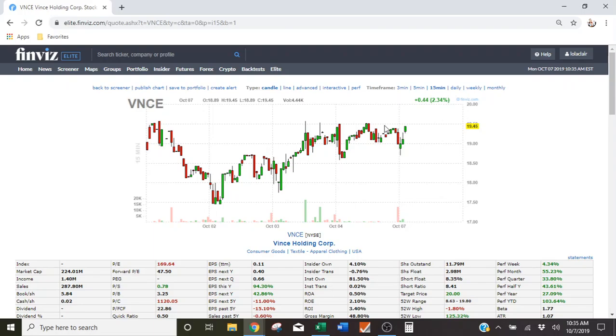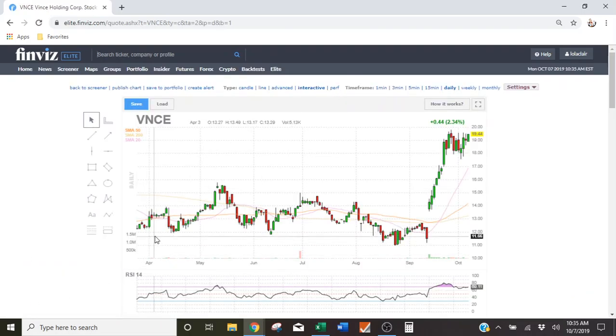So right now this is at 1945. I'll be watching this to see if it's going to drop, and I can go back into my interactive to get an idea as to where the Fib thinks it's going to drop to.